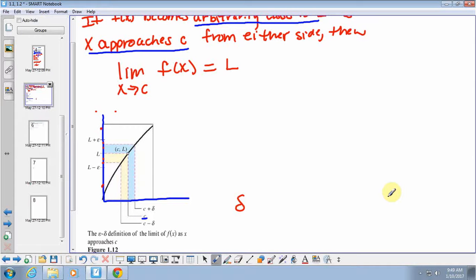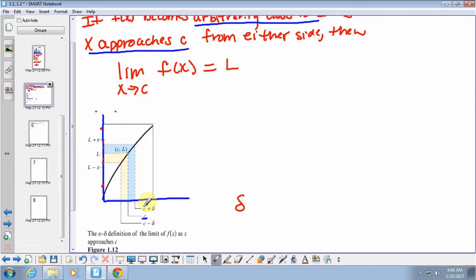So somewhere we are in this interval, C minus delta, C plus delta, where when we start picking these values, we're getting closer and closer and closer to L. As we're getting closer and closer to L, there is also an epsilon distance around L: L minus epsilon, L plus epsilon.